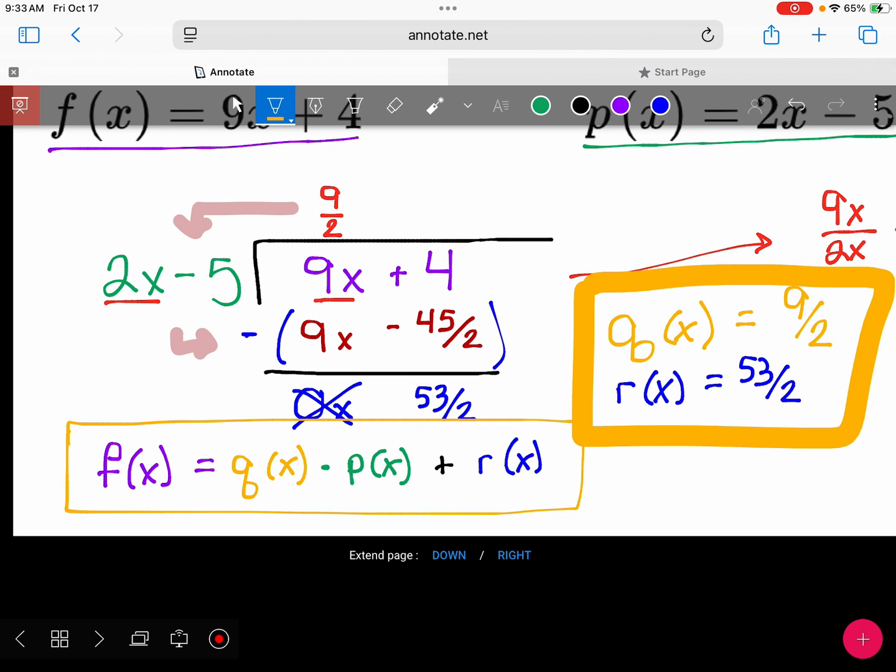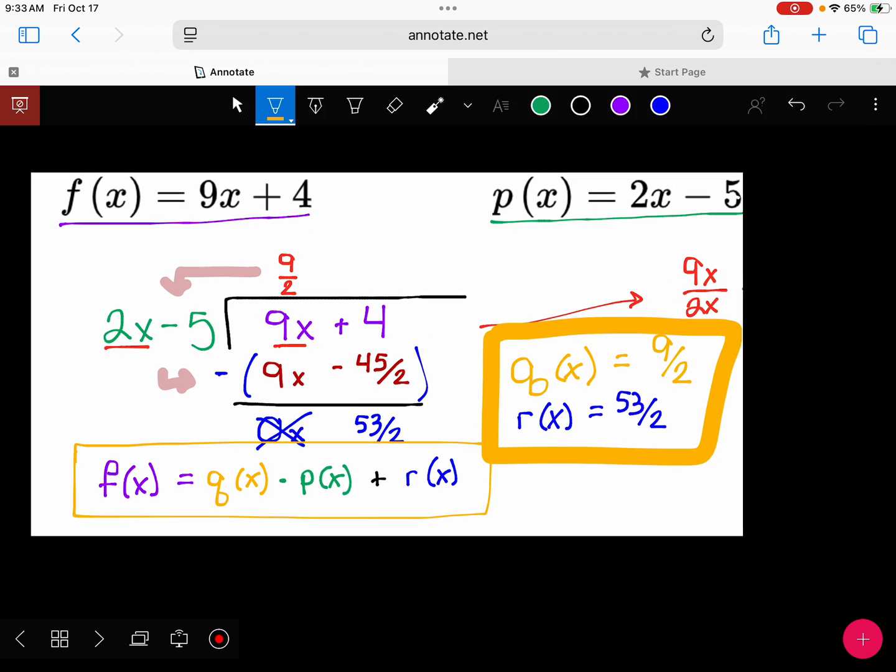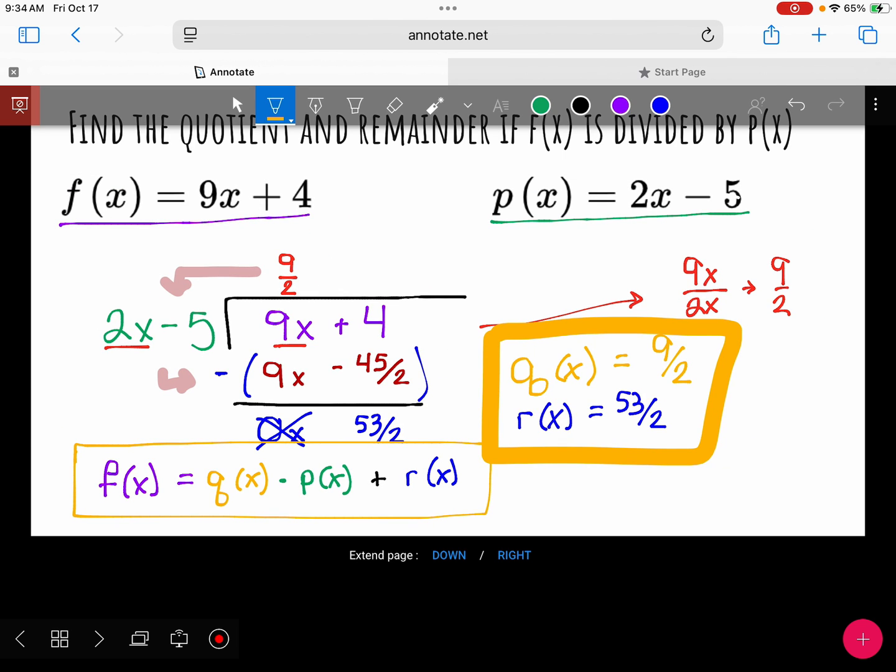We're going to practice this again, where we're going to be given a function and given something to divide by. And we're going to find our quotient, like the result on top, and we're going to find our remainder. Questions on this first cycle of it?